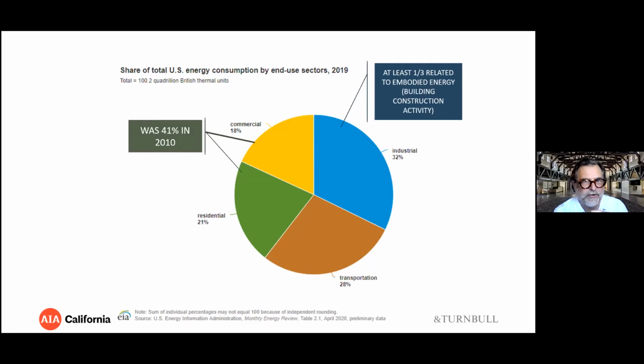But there's also energy that goes into the industrial sector, and a chunk of that, at least a third, has to do with constructing buildings and components of buildings. And then transportation, again, this is to and from. So as time goes on, we're seeing these chunks, building operation, manufacturing and industry, and transportation, getting closer and closer to a third, a third, and a third.